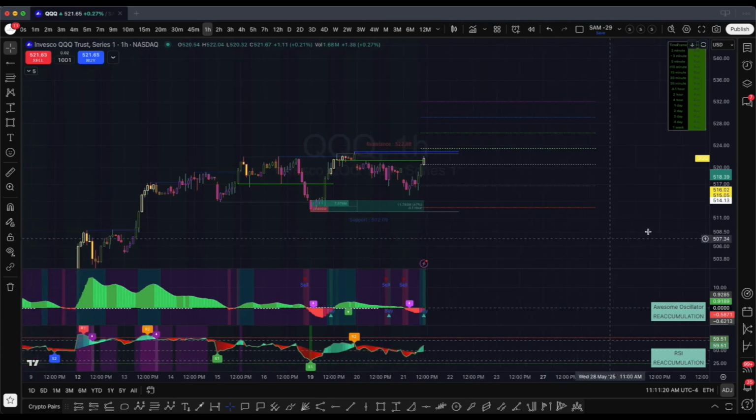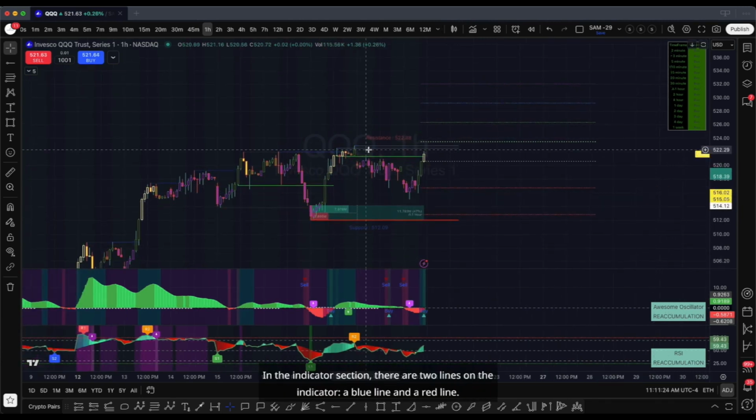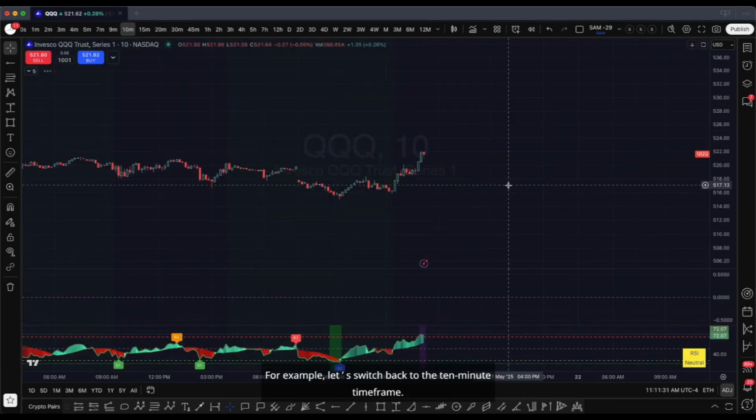In the indicator section, there are two lines on the indicator, a blue line and a red line. For example, let's switch back to the 10-minute time frame.